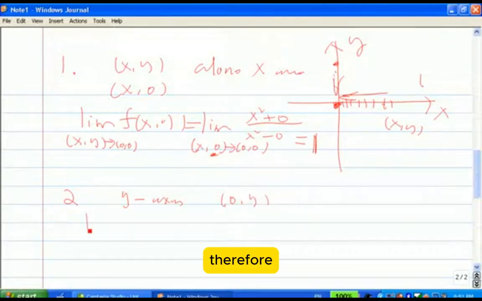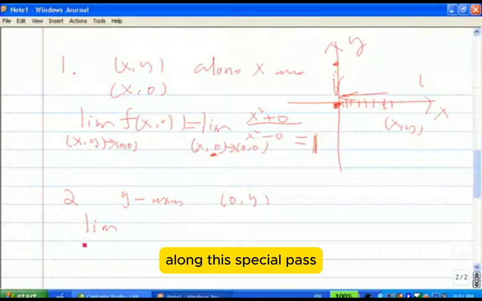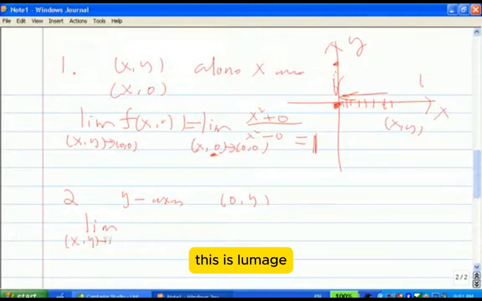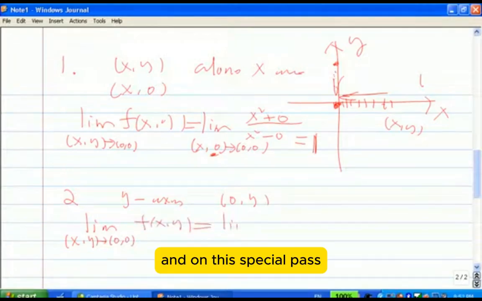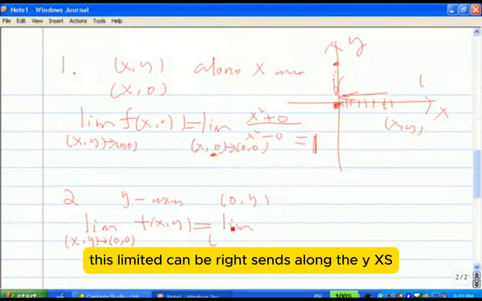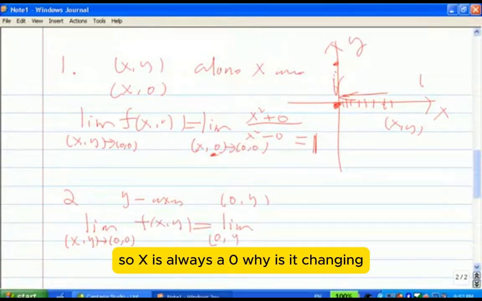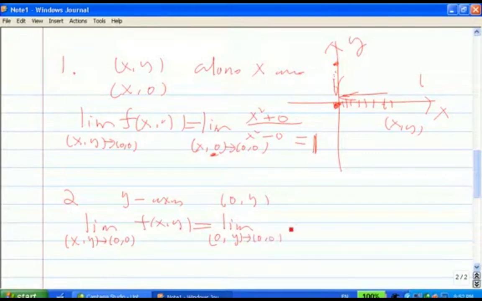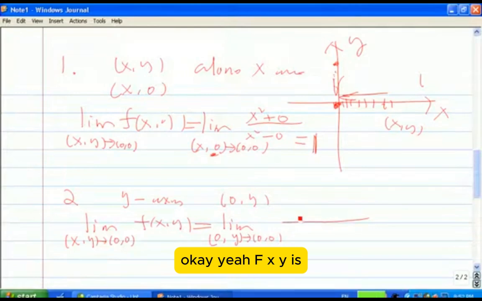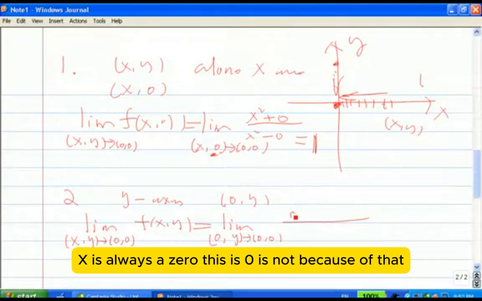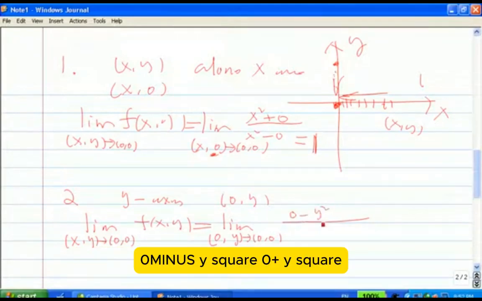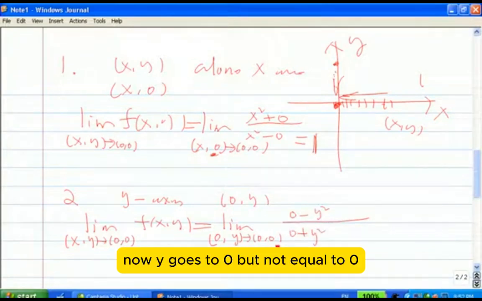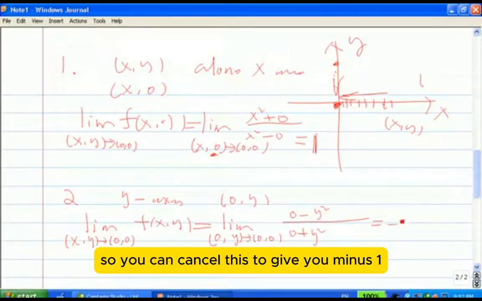Therefore, along this special path, this limit can be written, since along the y-axis x is always 0 and y is changing. Your f(x,y) is 0 minus y squared over 0 plus y squared. Now y goes to 0, but not equal to 0, so you can cancel this to give you minus 1.